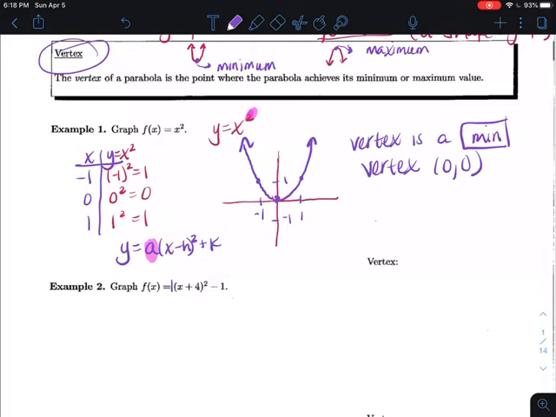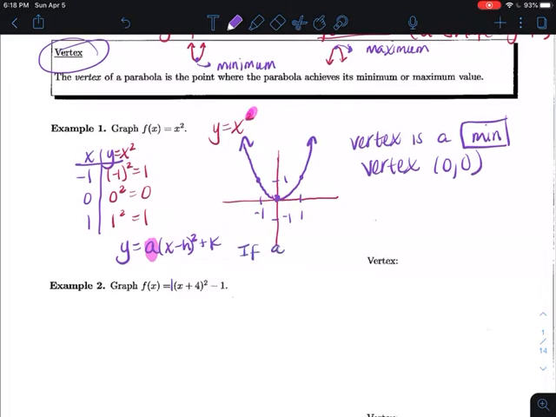If a is greater than 0, so numbers that are greater than 0 are positive, then the parabola opens up.